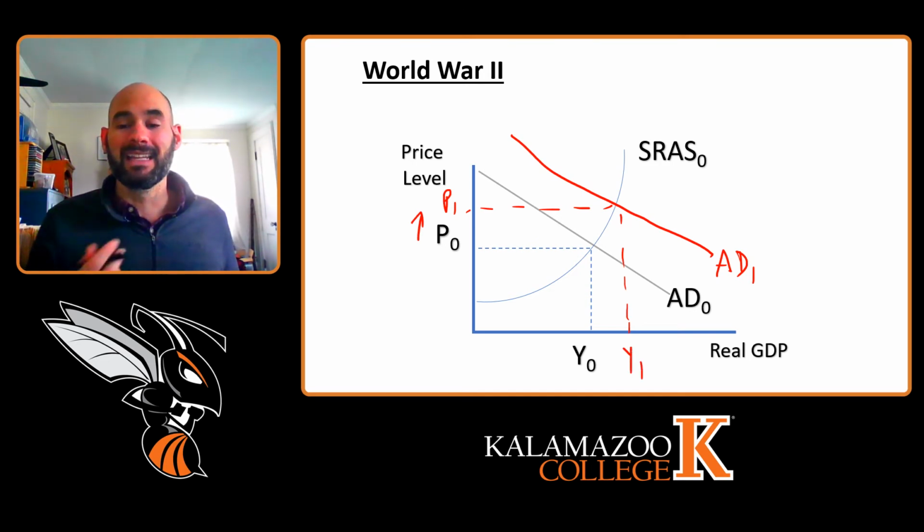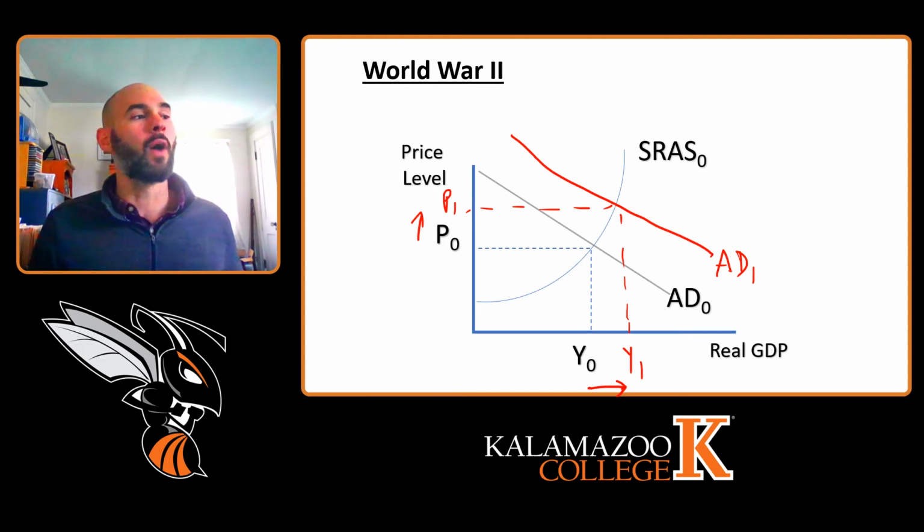And this is because at that point in time, we had not only an increase in employment. Remember that unemployment moves in the opposite direction of output. And so unemployment would decrease as economic output increases.